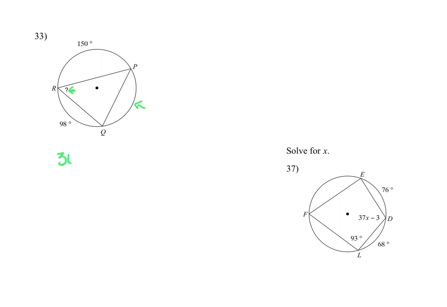So I'm going to say 360 minus the other two pieces, which is the 150 plus the 98, right? And when I do that, I get 112. That gives me this right here, all right? I need the angle measure. Well, the angle measure should be exactly half of that arc measure. So I'm going to take that and divide it in half. And I should get an angle measure of 56 degrees.